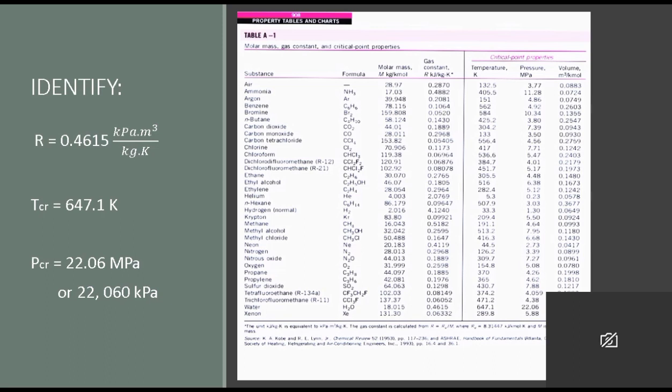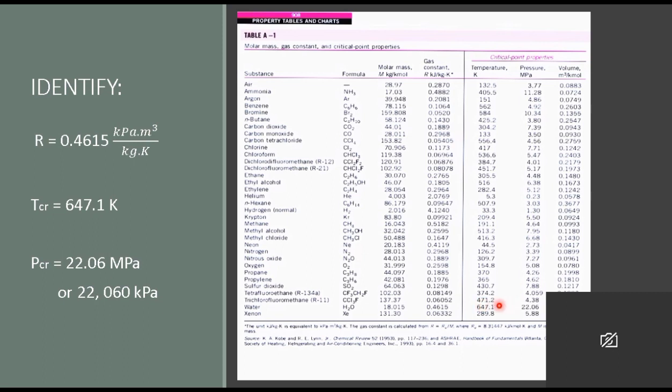Let's identify first the gas constant, the critical temperature, and the critical pressure. The gas constant of water is 0.4615 kilopascal cubic meter per kilogram Kelvin.